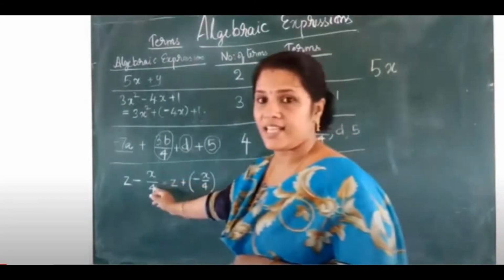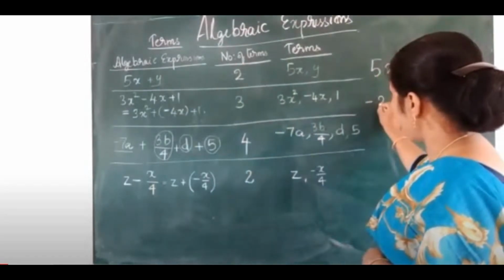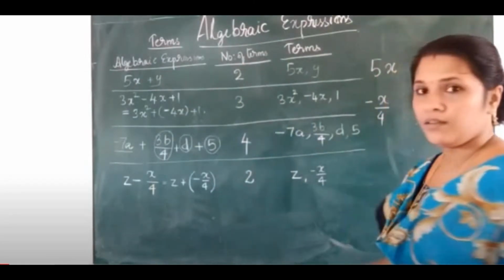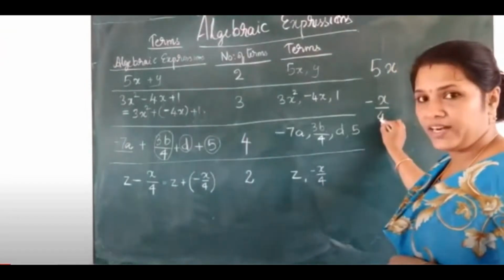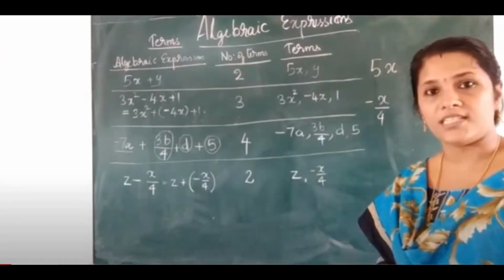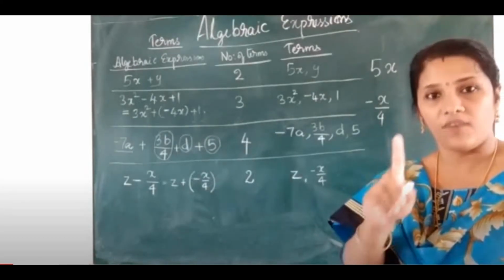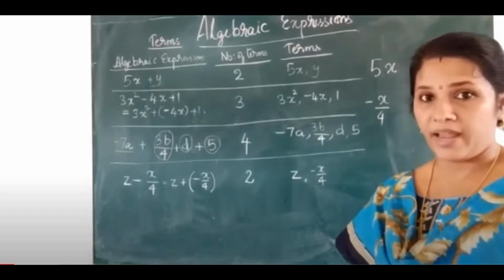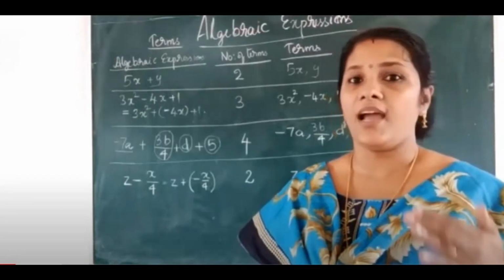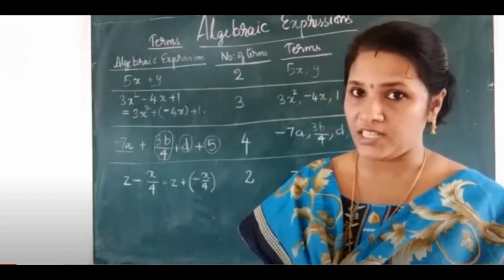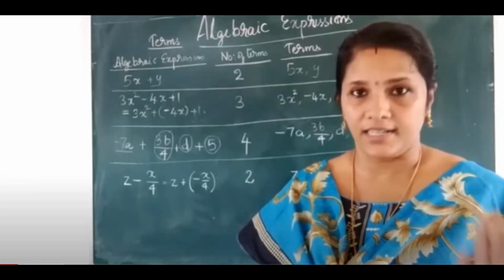From the last example, negative x by 4 is one term. Here it is x divided by 4, but we will not consider it as separate terms. So, in an algebraic expression, terms are separated only by addition or subtraction. Multiplication and division do not divide the terms.